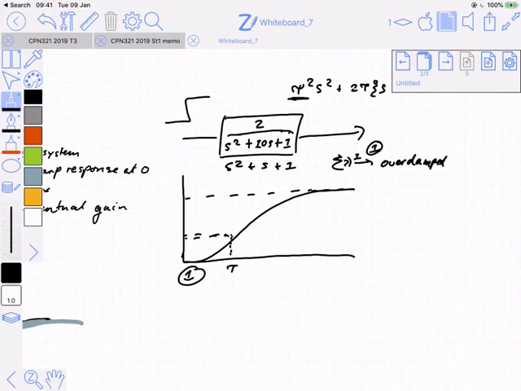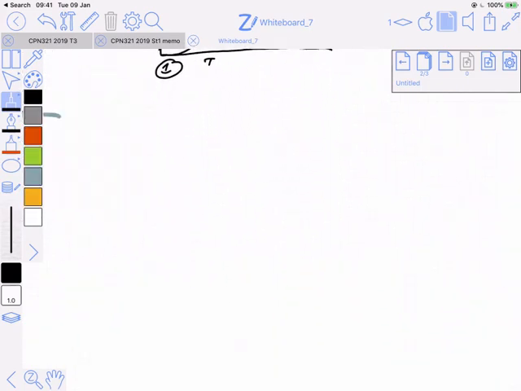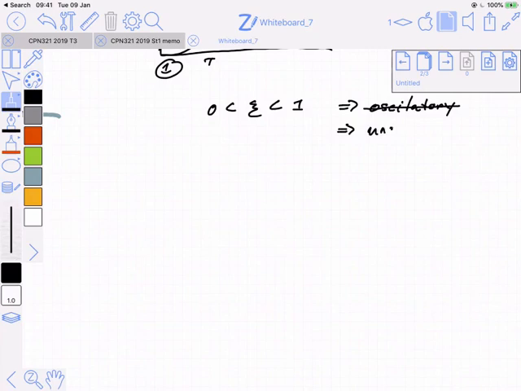Now just putting it out there, you'll see in the textbook, when you play with this, a lot of people think that if I do this, that will always be oscillatory. But that is wrong. Okay? What it is actually saying is underdamped.